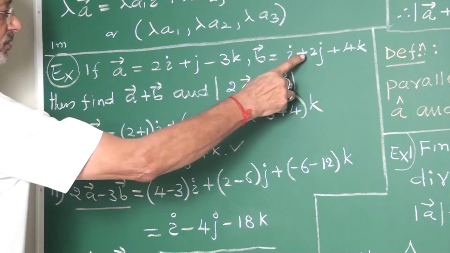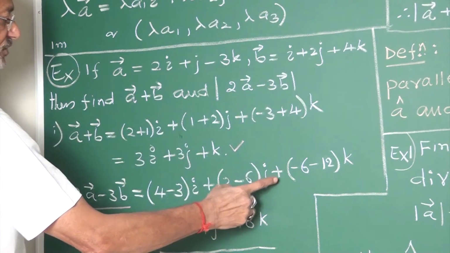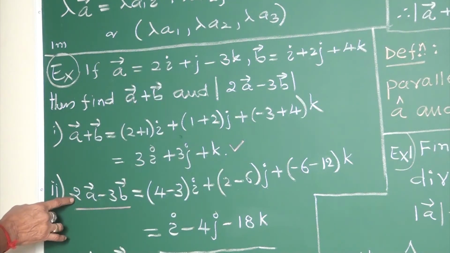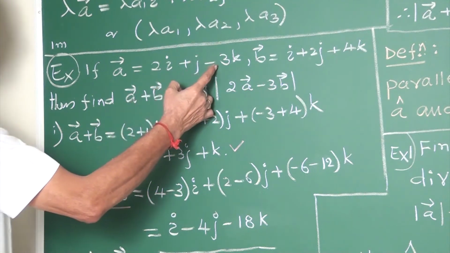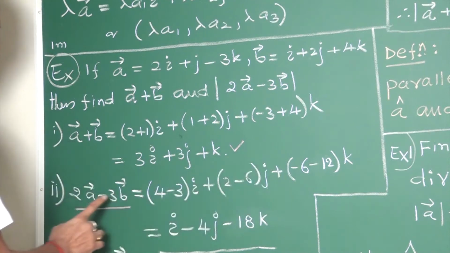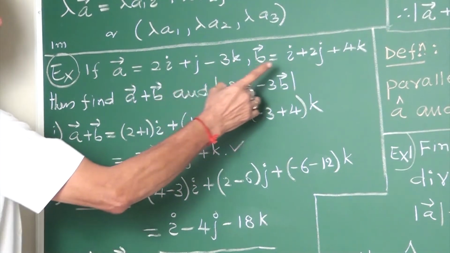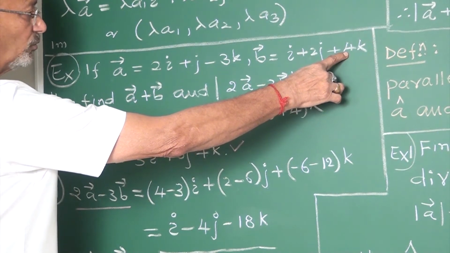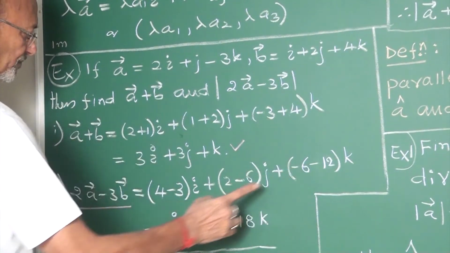Minus 3 into plus 2 is minus 6 into j. With k, that k you have to take common. You just have to multiply with the scalar components. 2 into scalar component of k, minus 3, is minus 6. Minus 3 into scalar component of k, plus 4. Minus 3 into plus 4 is minus 12.